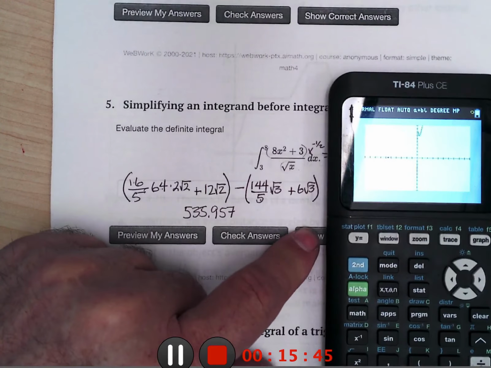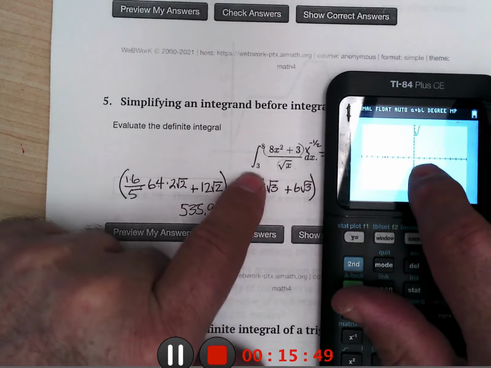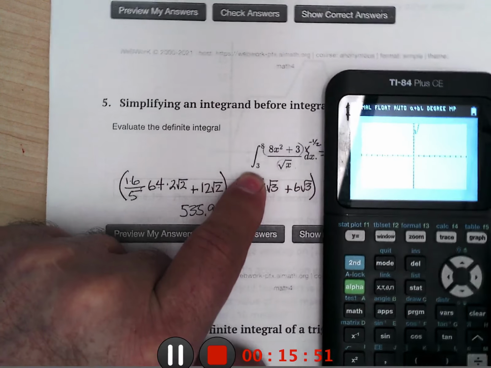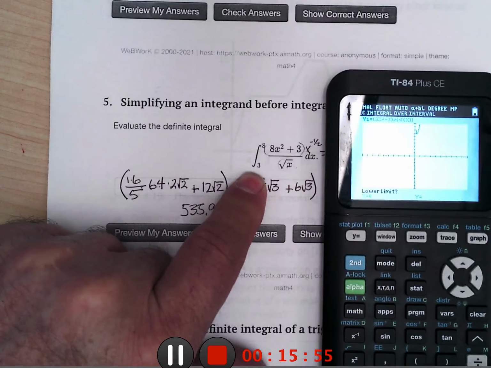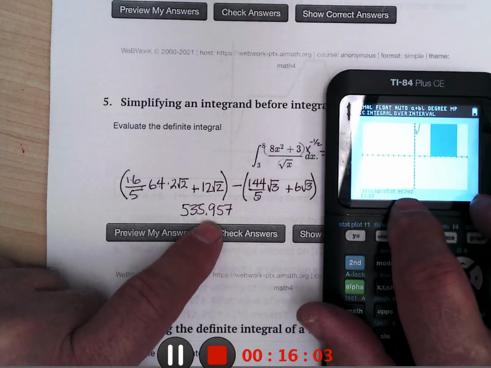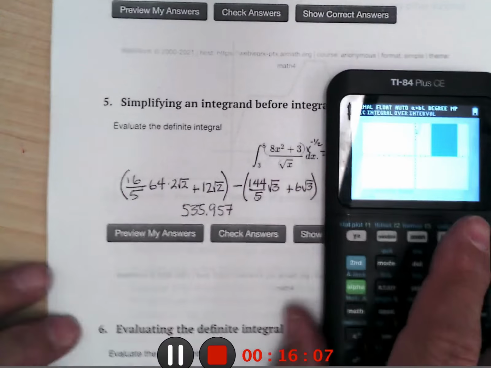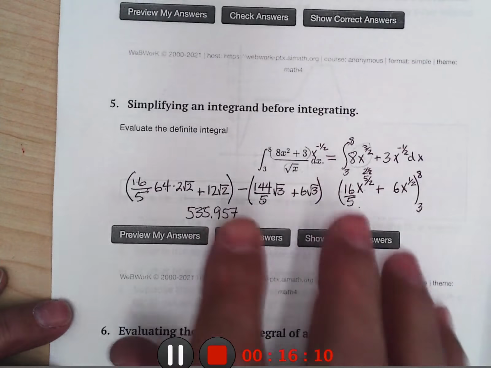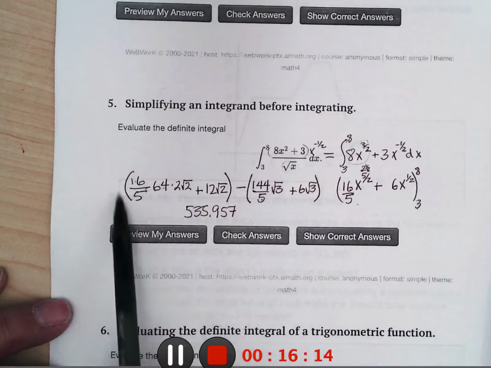And it's off the screen, but the 3 and 8 are there, so I can go second, calculate the area from 3 to 8, and it tells me it is 535.95707. That's its estimate, and that's what we got from this. This is the exact, the unexact answer, and there's some more simplification that could be done there.